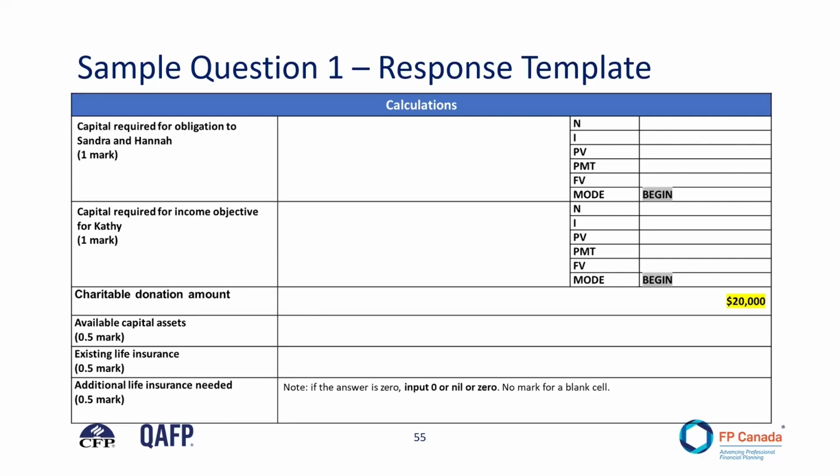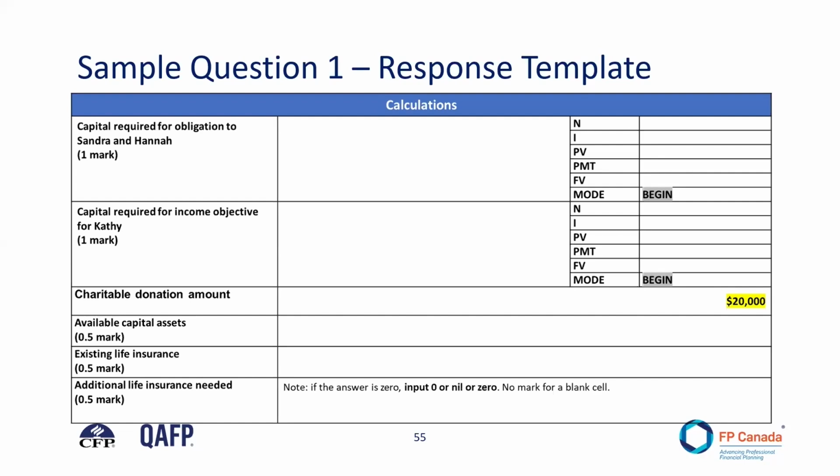Also, there is a blank calculations box for each section to show other components of the calculation if necessary. For example, if you prefer to use the formula for the time value of money calculation, it can be completed here. Also, in most cases, the calculator mode is given for calculation questions.